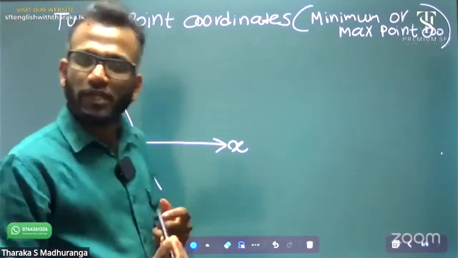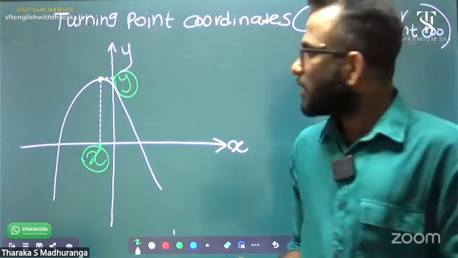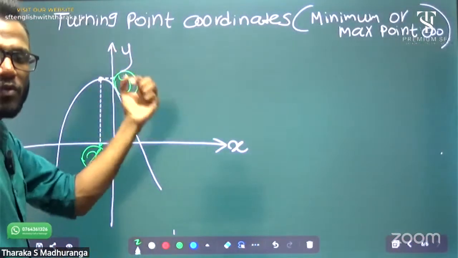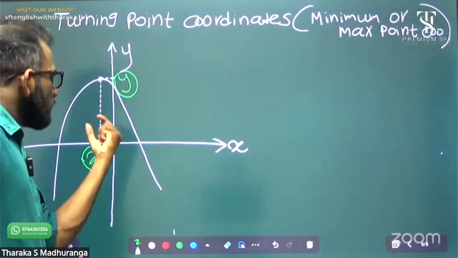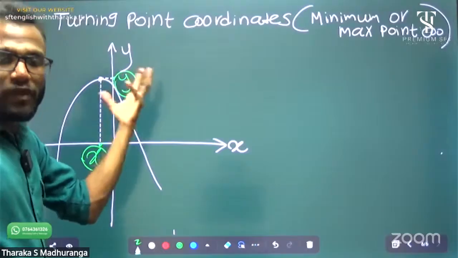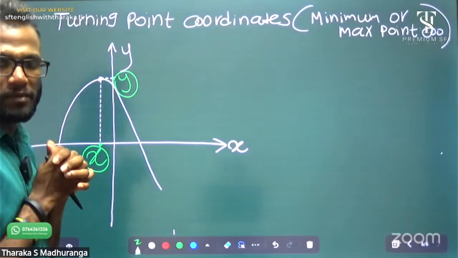That's the meaning of turning point coordinates. Okay, how to calculate this turning point? Now we need to calculate the turning point x coordinate value and y coordinate value. You have to calculate them in separate ways.